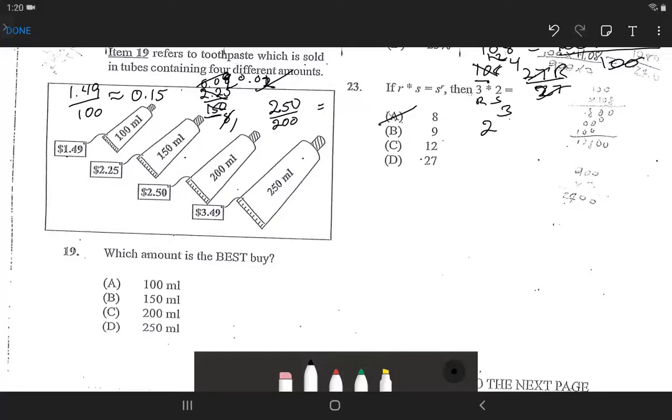Right, remember you want to estimate, and then you divide it by 2, so that is 0.01. Right, because you cannot raise it up because this is about 0.013. So the estimation will just be 0.01. And finally, 250 divided by 3.49.